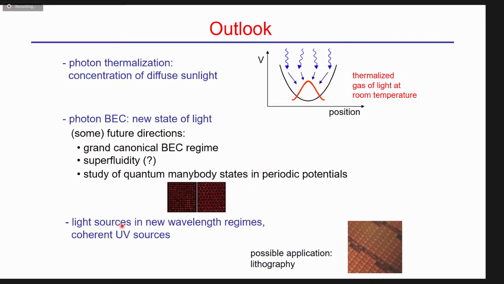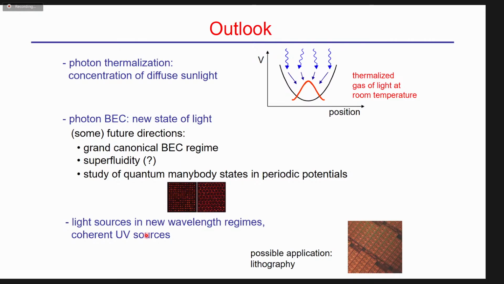And finally, it would be interesting, with this method, to realize light sources in new wavelength regimes, and this way try whether this can be a new way to develop coherent UV sources. For lasers, it's relatively hard to produce continuous ultraviolet coherent sources, because you have to invert, and the spontaneous lifetime becomes shorter and shorter as you go to higher frequencies.